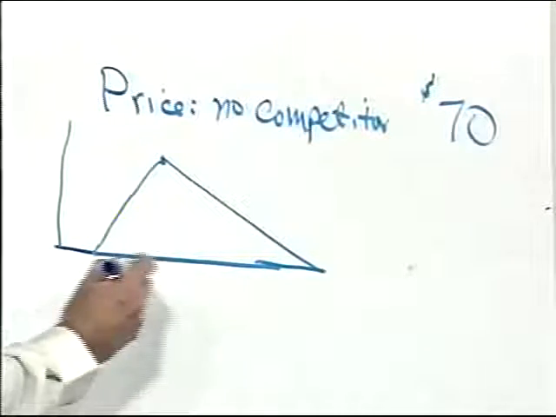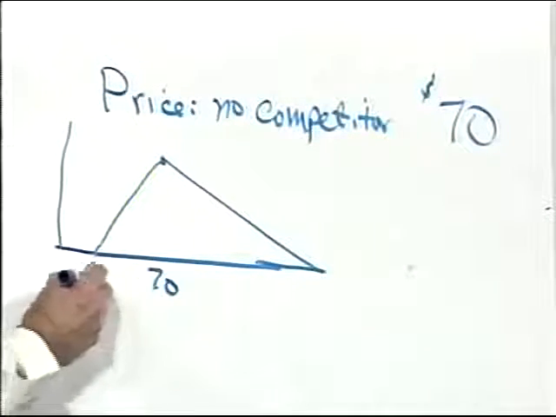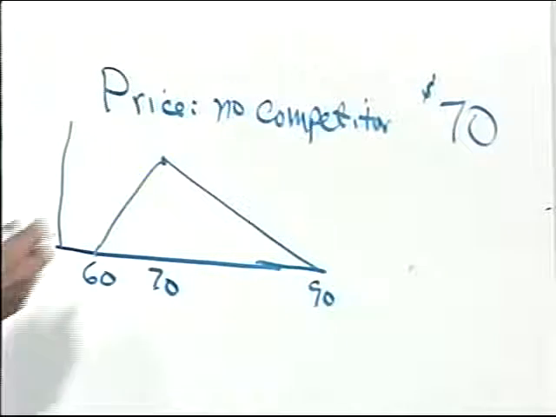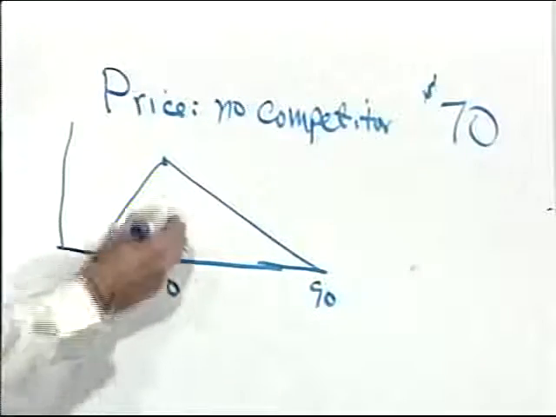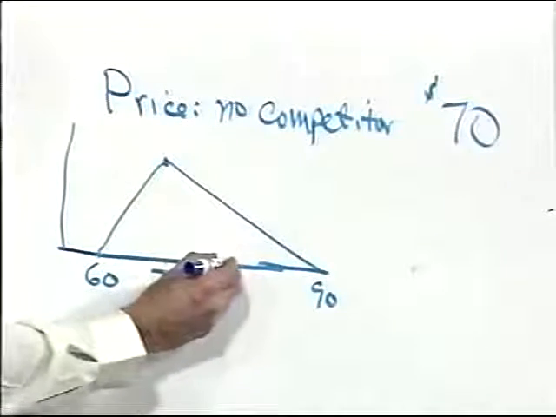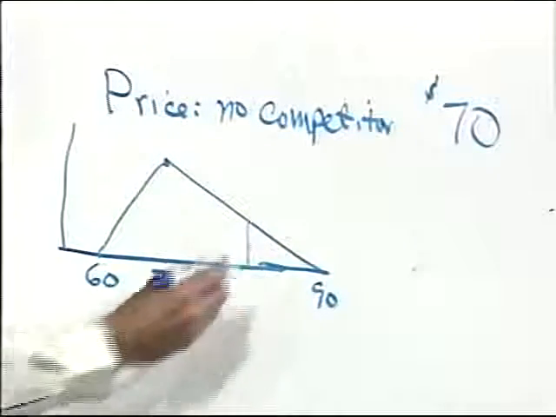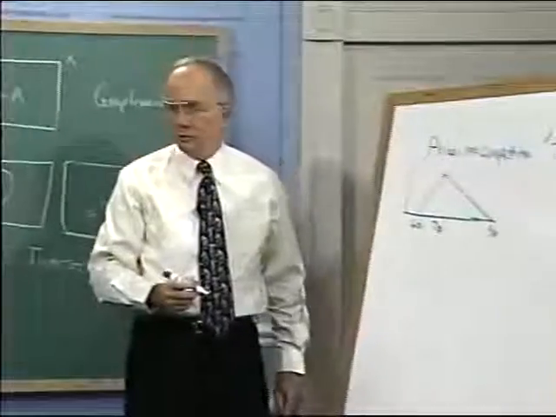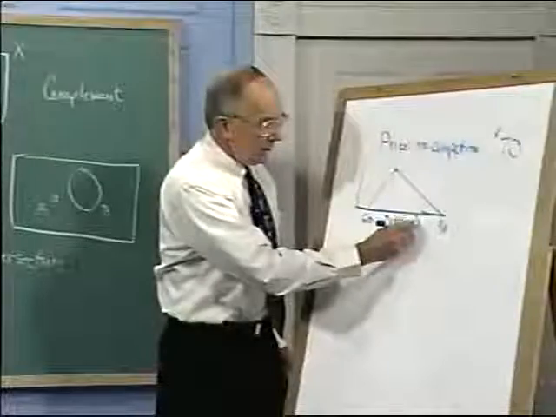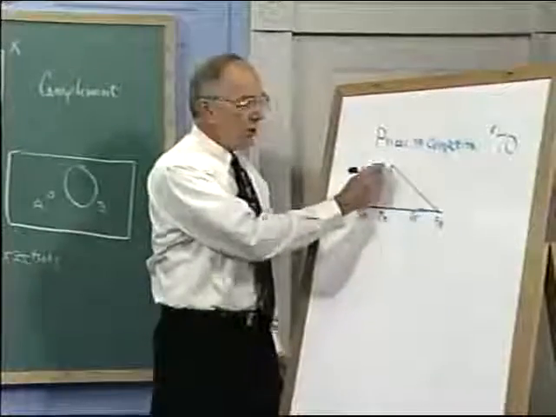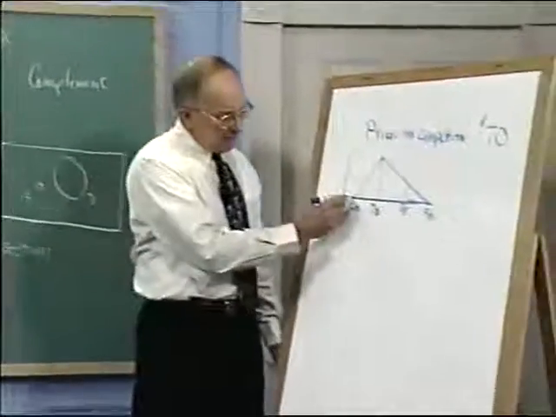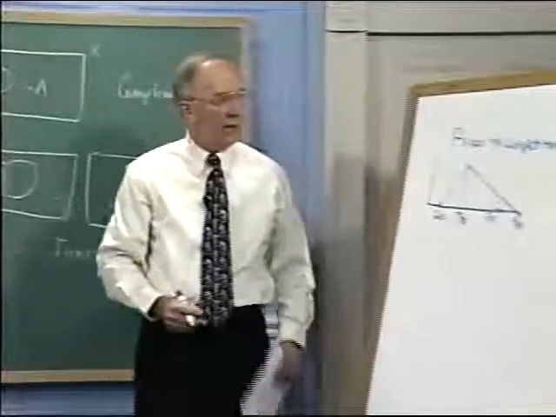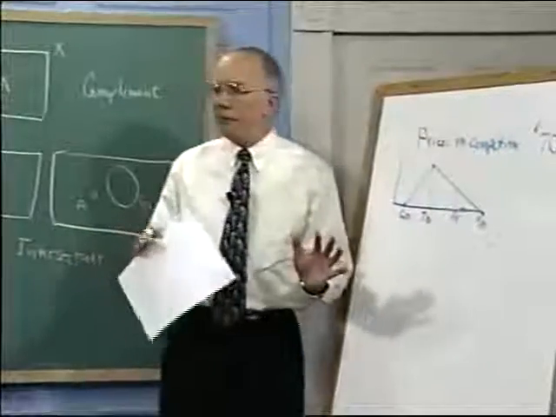For example, maybe my minimum is 60 and my optimistic is 90, let's say. And the height of each value is related to the probability that I'll be able to charge that number. So it's most likely that I will charge 70. But, and it's very unlikely, I could charge as low as 60 or I could charge as high as 90.